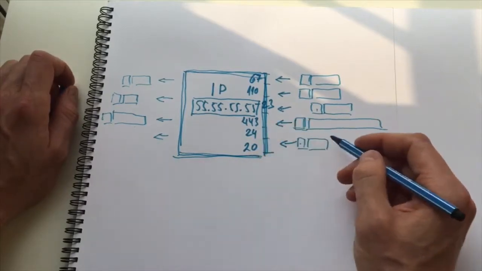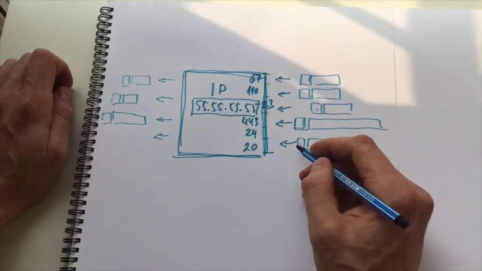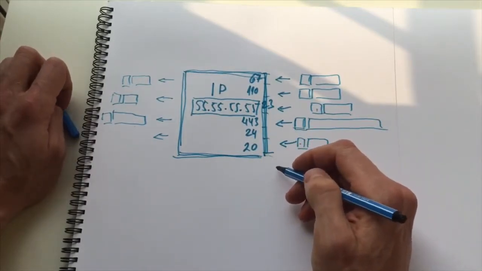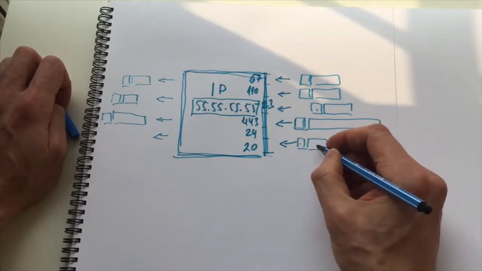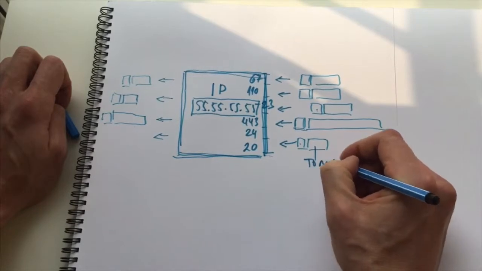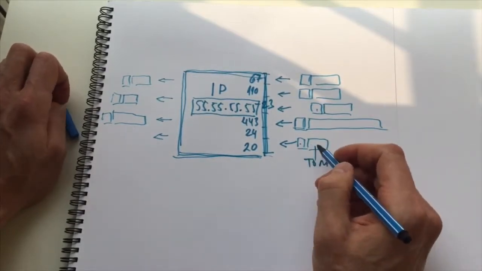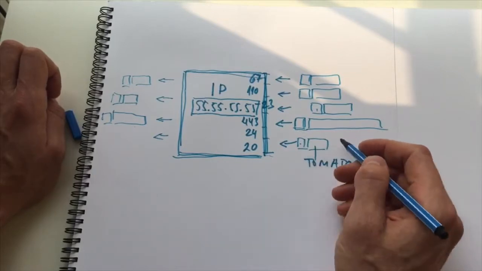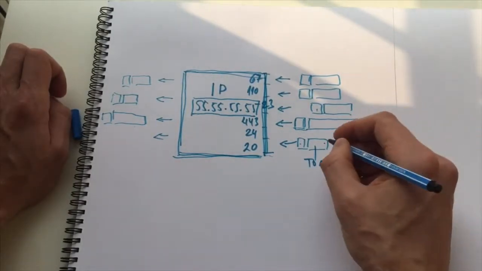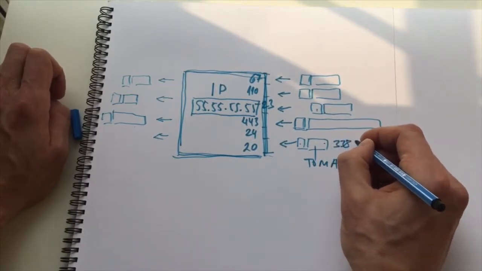Okay, so let's say you would like to receive tomatoes on port 20. This is the truck, and the truck with the tomatoes comes from its own port, port 3388.